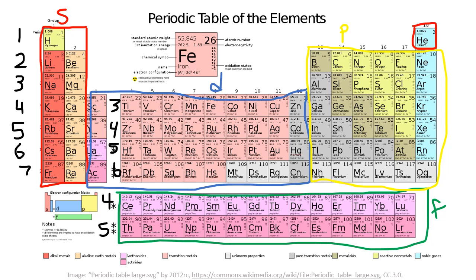If you look in the bottom right of this periodic table, you can actually see them labeled in color: red for S, yellow for P, blue for D, and green for F. We actually do refer to things as being in the D block or the F block or the P block when we're talking about elements. So if you ever hear that said, you know what region of the periodic table we're referring to.